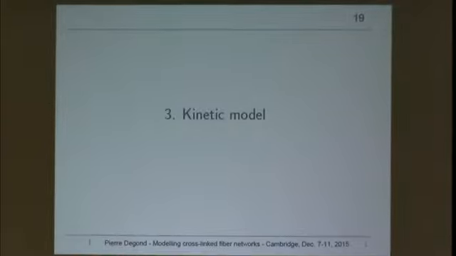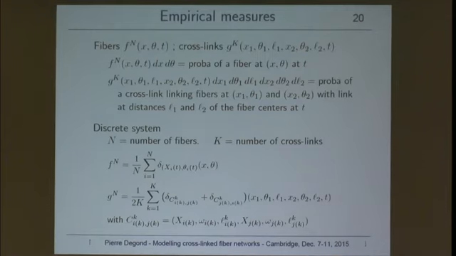So let's try to derive a kinetic model. When deriving a kinetic model through some kind of mean field limit, it usually goes through the definition of empirical measures. So I construct the empirical measure for the fibers, which is a sum of deltas in position and orientation located at the position of the particles, scaled by the factor 1/N, where N is the number of fibers.